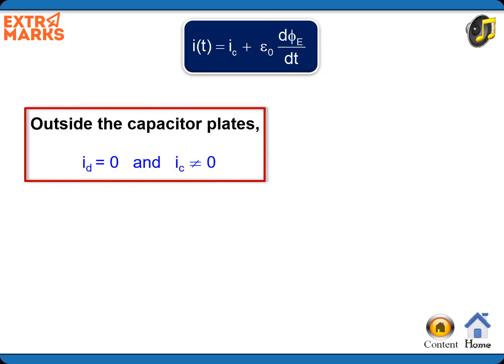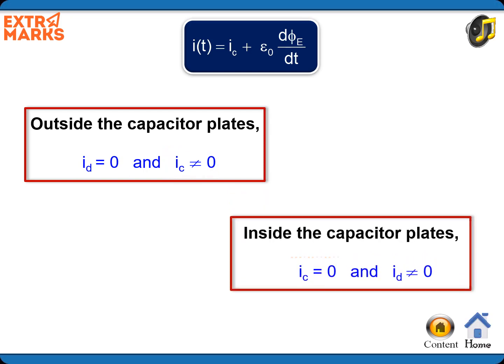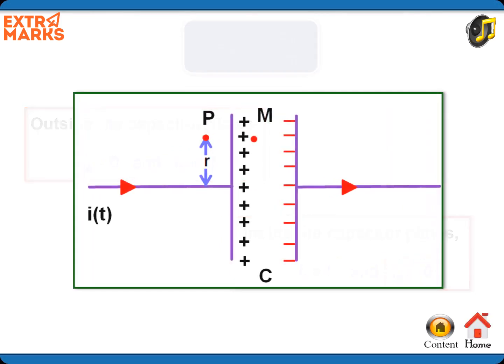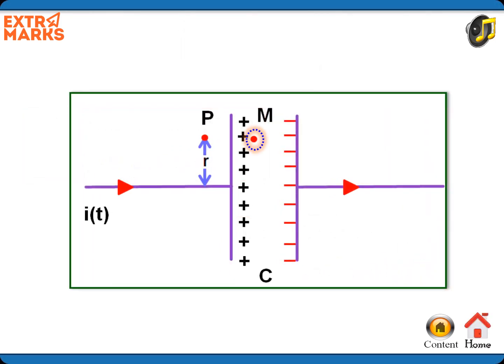Outside the plates of the capacitor, the displacement current is 0, but the conduction current is not 0. Inside the plates of the capacitor, the conduction current is 0, but the displacement current is not 0. The magnetic field at point M between the plates of the capacitor is the same as that at a point P outside the plates.